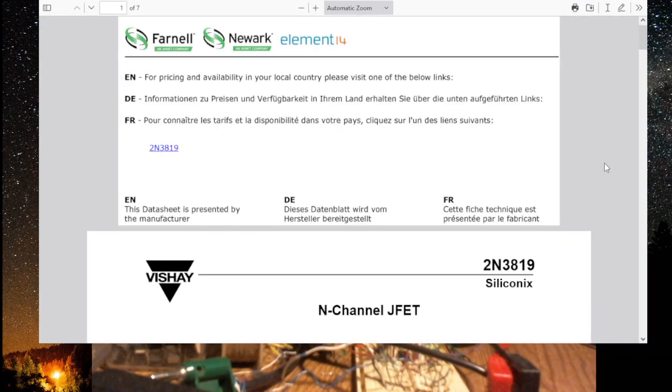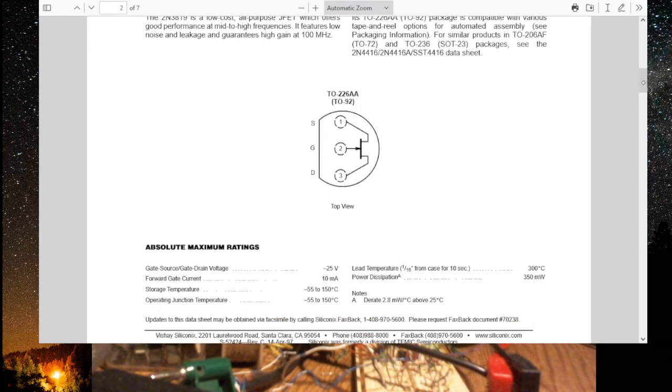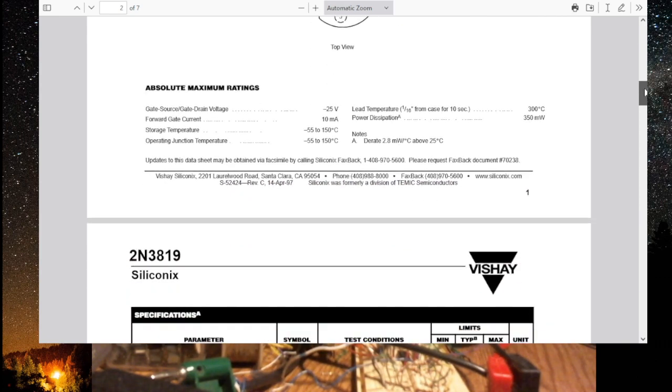A lot of schematics have applications. Wide storage temperature range, forward gate current, 10 milliamps.